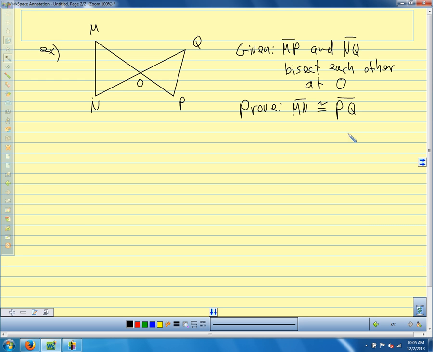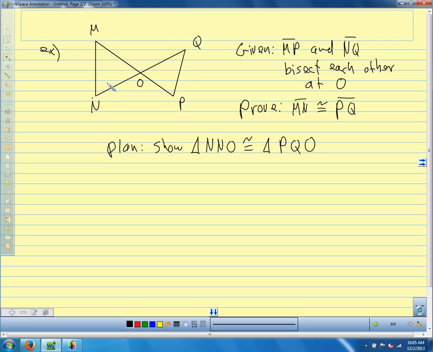So our plan here, what I want to try to do, is show that triangle MNO is congruent to triangle PQO.